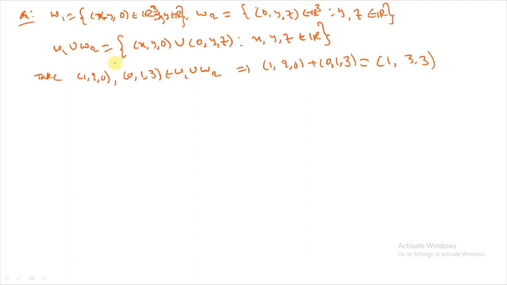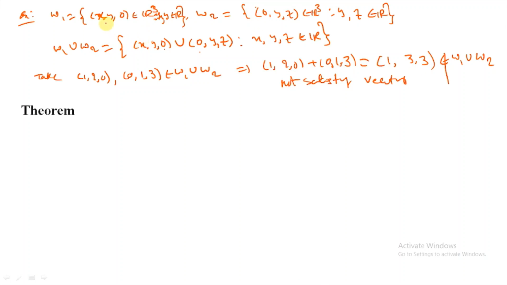Is this element in W1 union W2? In W1 union W2, either the last element is 0 or the first element is 0, but three non-zero elements are not allowed. The first, second and third coordinates must have either the last one 0 or the first one 0. So this does not satisfy vector addition.